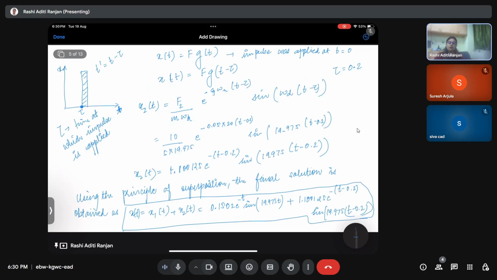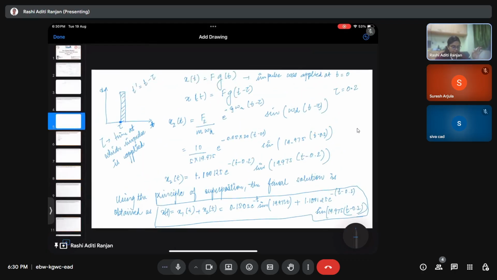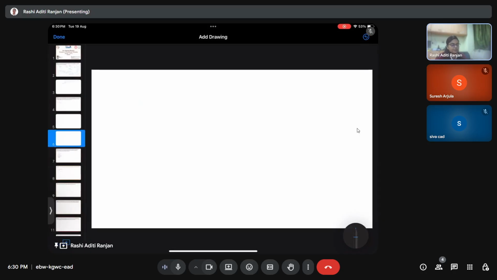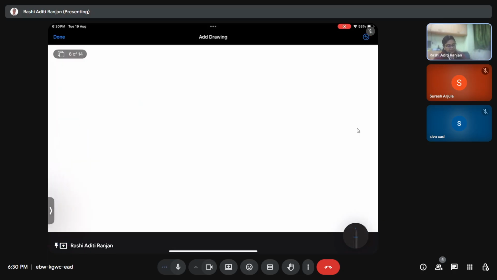Okay, but again we have applied the principle of superposition, and it should be applied only and only if our system is operating in the linear range. So basically the principle of superposition says that, for example, for an input x1 I get a solution y1, and for an input x2, I get a solution y2.